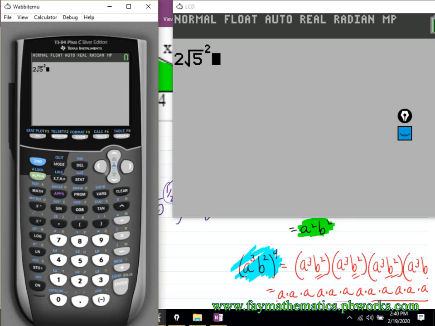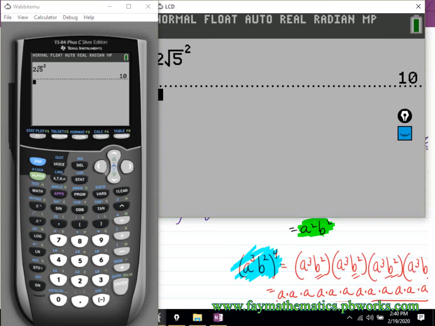Okay? If I do that, understanding my order of operations, parentheses, exponents, multiply, divide, add, subtract, and how the exponent rule says that the exponent only gets applied to the thing that it is directly behind, correct? You guys agree that that 2 is only behind this radical 5? Directly behind the radical. It's not directly behind the 2, right? So if I do this, we said we should get 20, but it gives me 10.